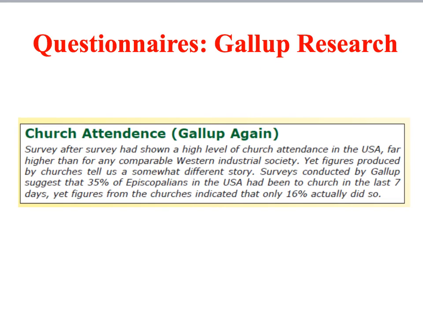However, when you actually look at the numbers of people that actually attend church, it tends to be much, much lower than the questionnaires suggest. So this strongly suggests that people are saying that they go to church regularly on these questionnaires because they think that's the socially desirable answer to give.